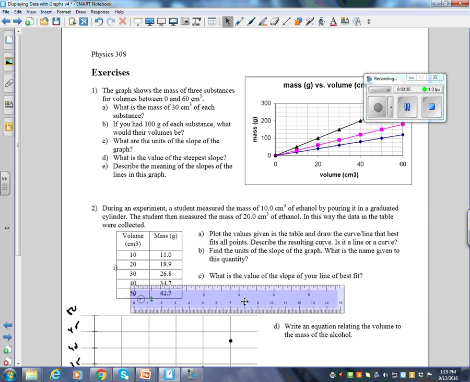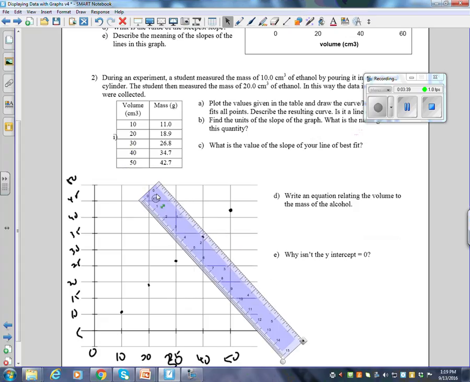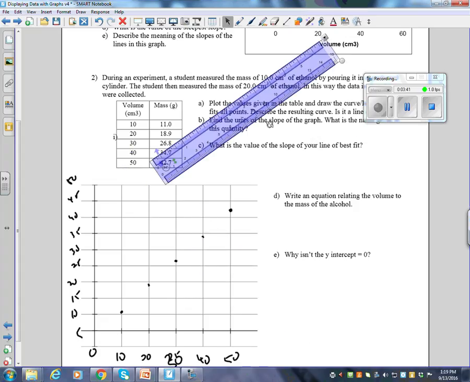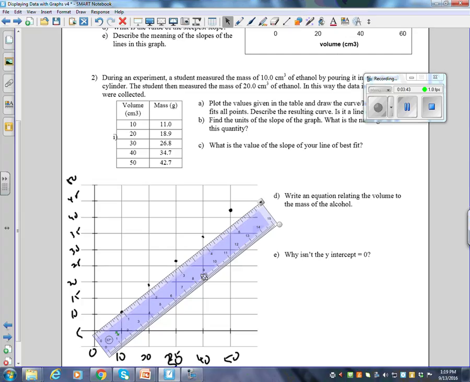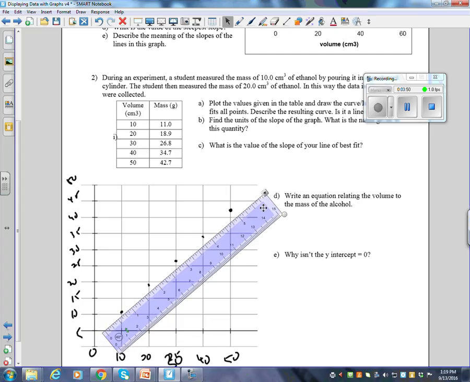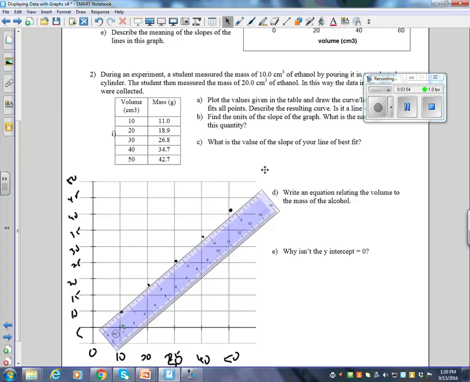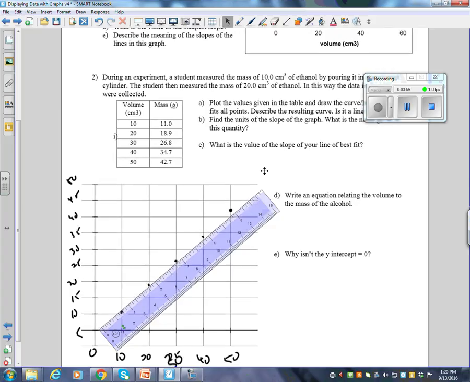So what you need to do is get a ruler or some sort of straight edge that you can manipulate, right? And you're going to do this. You literally put on a ruler that touches or goes through as many as possible, or is as close to as many as possible. Oh, now I really screwed up, didn't I?